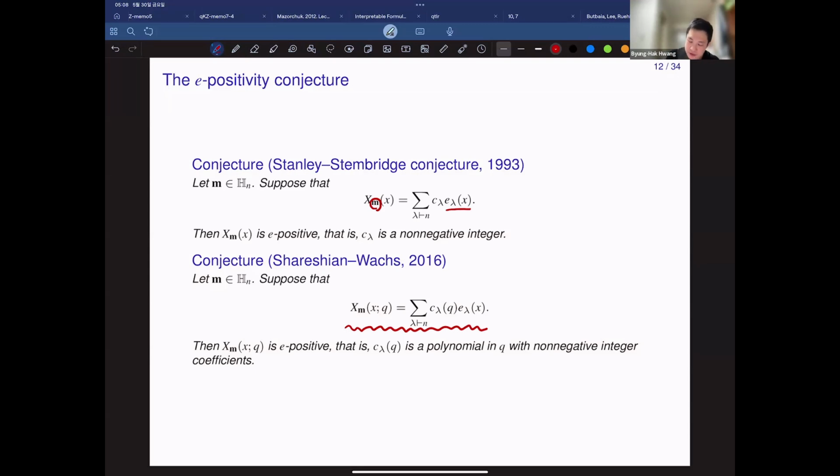This means the coefficient of e lambda is a polynomial with non-negative integer coefficients.